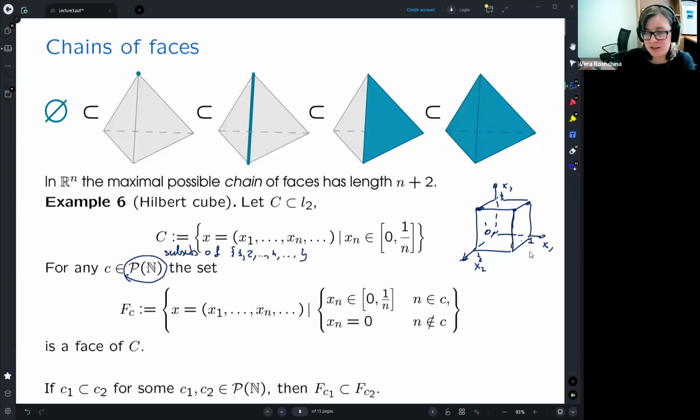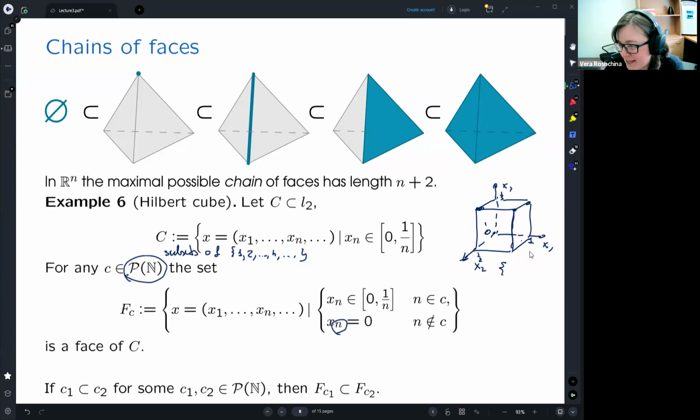If I take any subset like this, I can identify a face of my convex set with it. It's like a direct sum or direct product, what some people will call it. I just take the coordinates of those points that comprise the faces. They will be 0 if the index is not in the subset, and there will be the entire line segment on which the faces are built if the index is in that set.